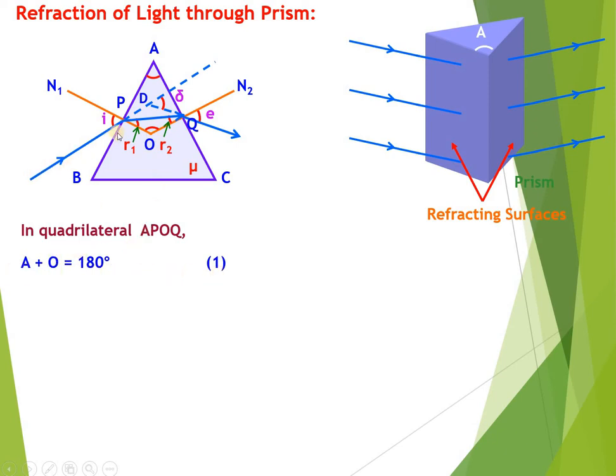If we draw the incident ray in the forward direction and the emergent ray in the backward direction, then the angle formed between them is known as the angle of deviation.